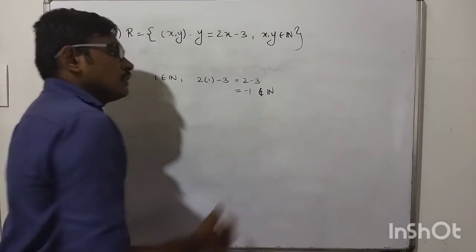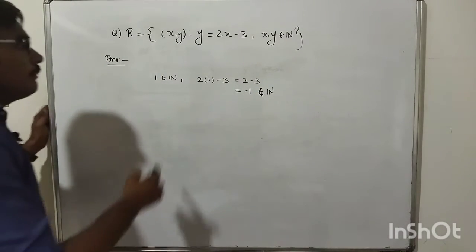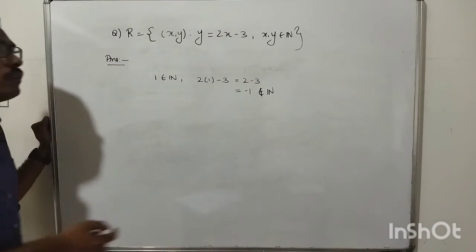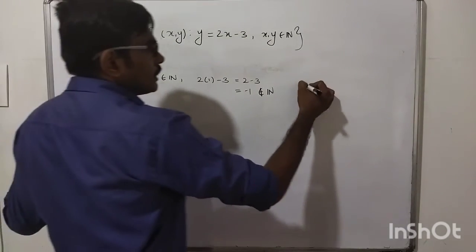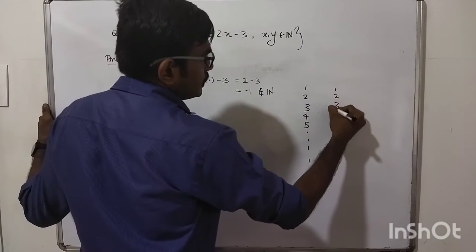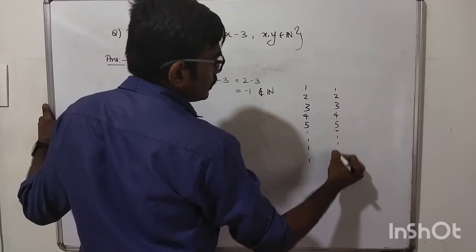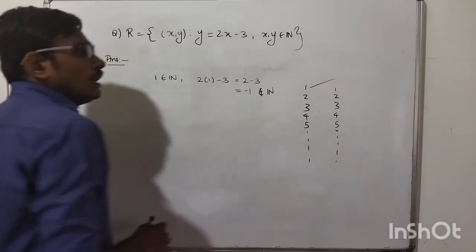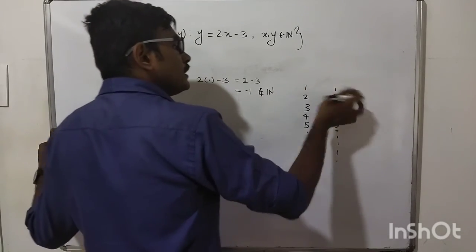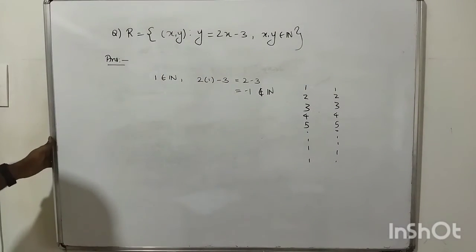That means for element 1 in the domain, there is no image in the codomain, because the codomain is also the set of natural numbers. So it is like this: 1 2 3 4 5 and so on. Here also 1 2 3 4 5 and so on. First element has image minus 1, but it is not in the codomain. So first element has no image.